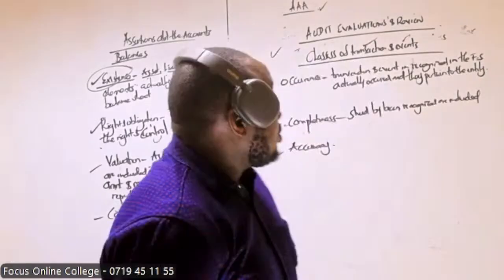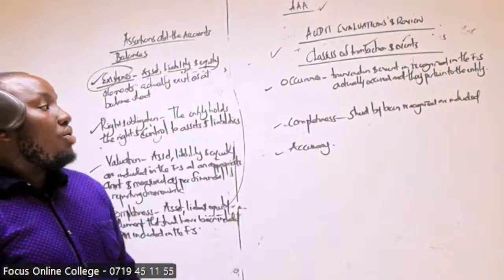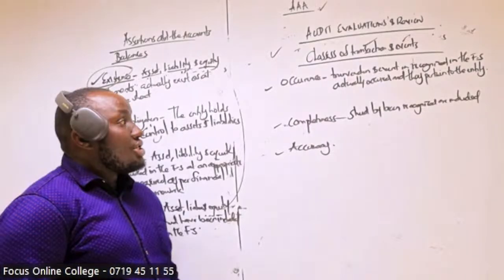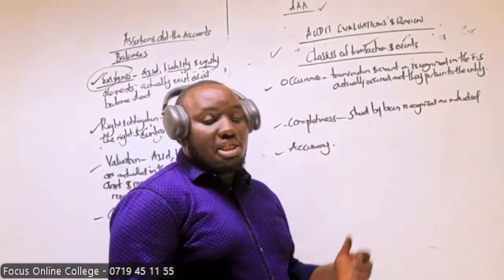So we're on assertions on transactions and events. We say occurrence. That is basically that transactions and events recognized in the financial statement actually occurred and they pertain to the entity.